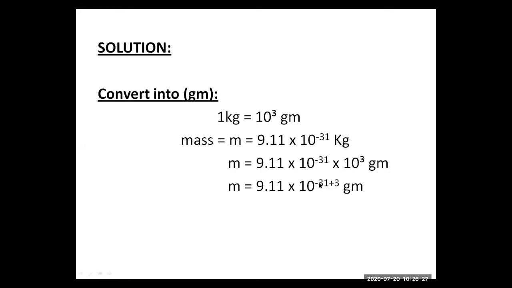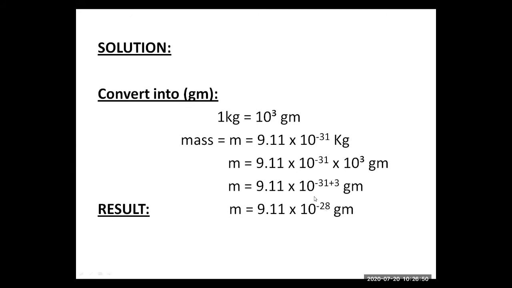So on the next step, we are adding 3 with minus 31. Plus and minus make minus, so 31 minus 3, the operation will be minus. So we are getting 28.